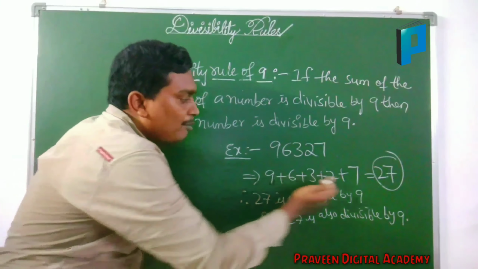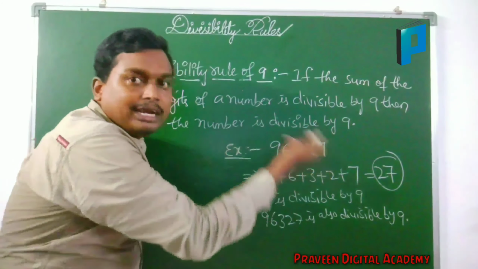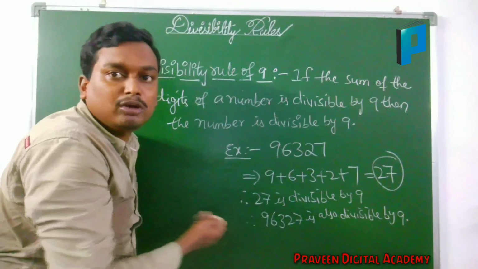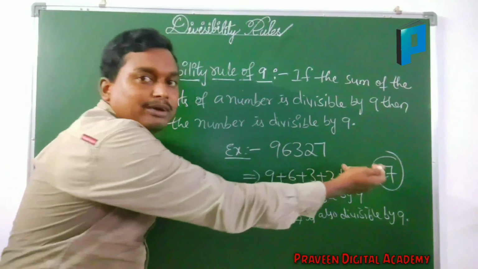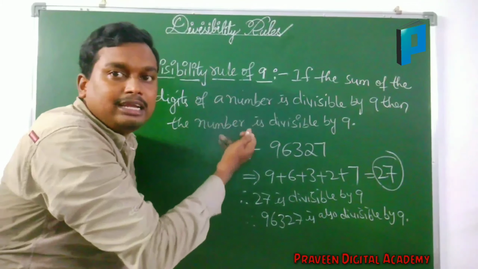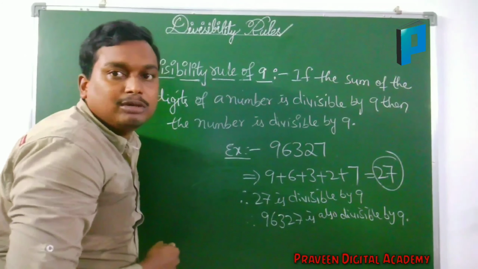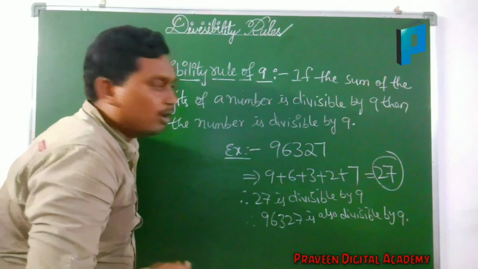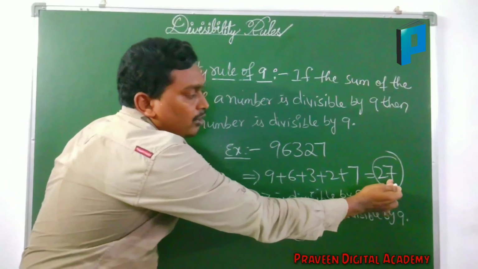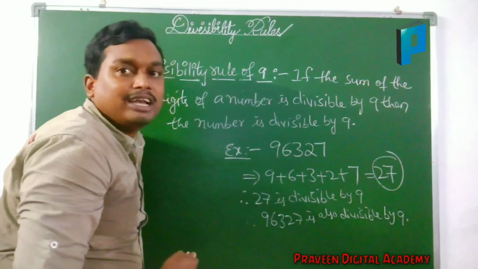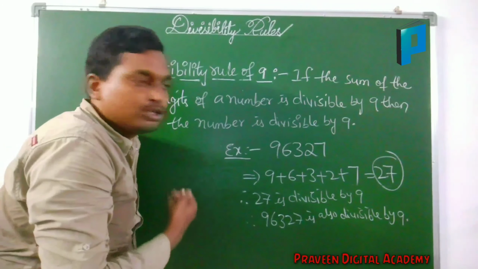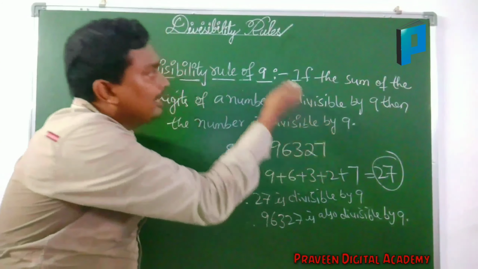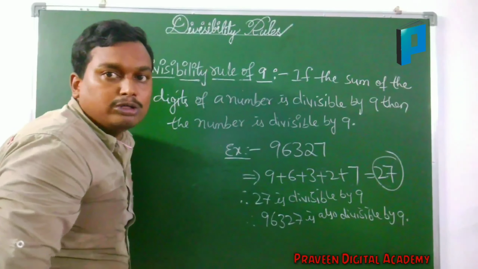Here, if the sum of all digits is divisible by 9, then the total number is divisible by 9. In the same way, what is the divisibility rule of 3? If the sum of all digits is divisible by 3, then the total number is divisible by 3. You can check whether this one is divisible by 3 or not. Here, what is the sum of all digits? We got 27. This 27 is divisible by 3. So, this total number is divisible by 3 and this total number is divisible by 9 also.